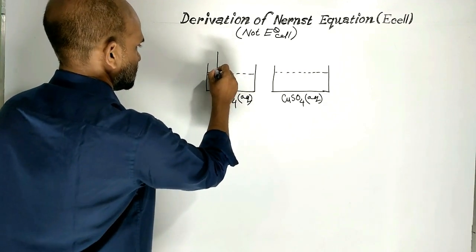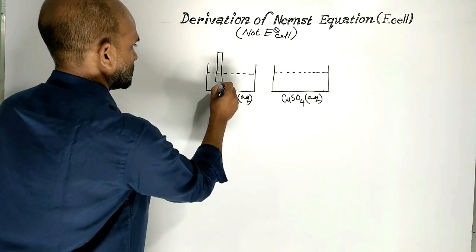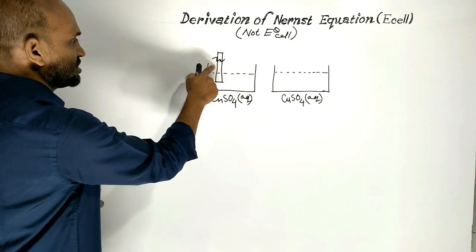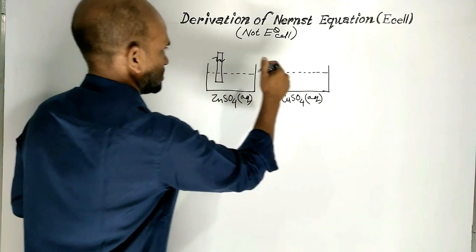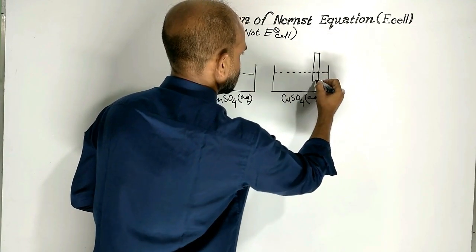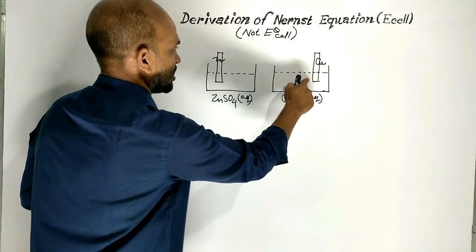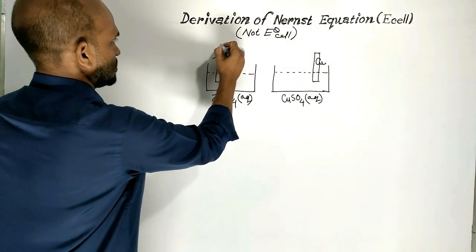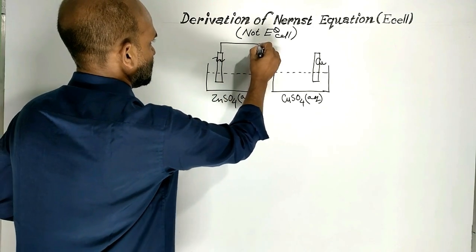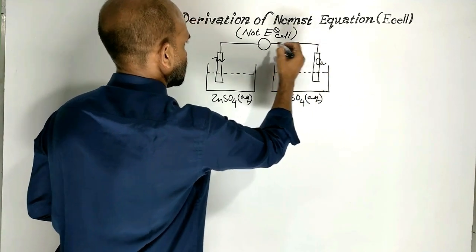In the zinc sulfate solution, a metallic strip of zinc is submerged. In the copper sulfate solution, a metallic strip of copper is immersed. Now, these two metallic strips are connected with wire with a galvanometer.